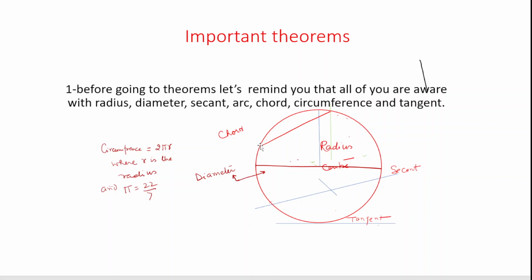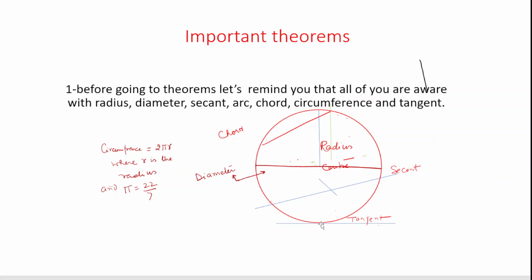Now chord: a line touching on the two sides of the circumference. Here is a very important thing. Radius is not a chord, but diameter is a chord because it is touching at 2 points. Secant is a line which crosses the circumference from two sides. And very important, which will come in future, tangent. Tangent is a line which touches a point on a circumference at 1 point.